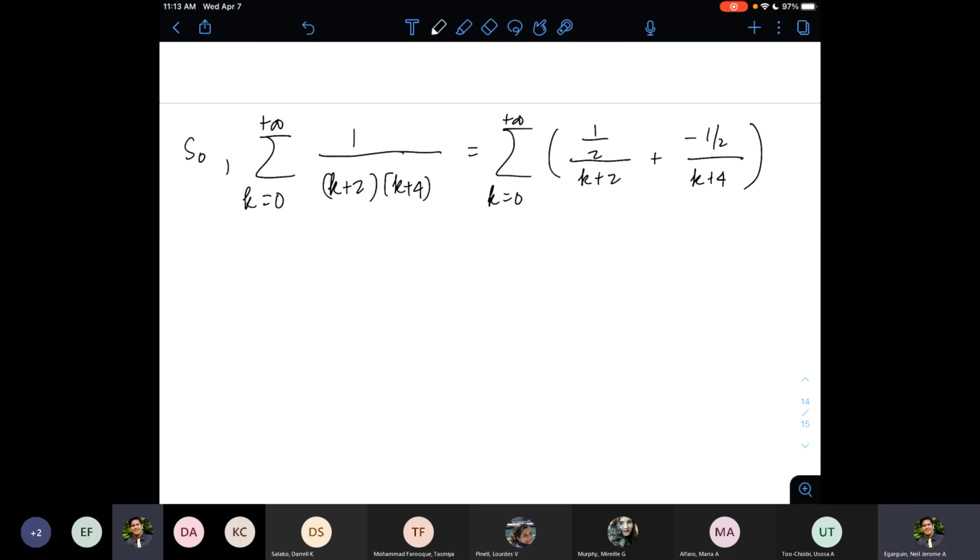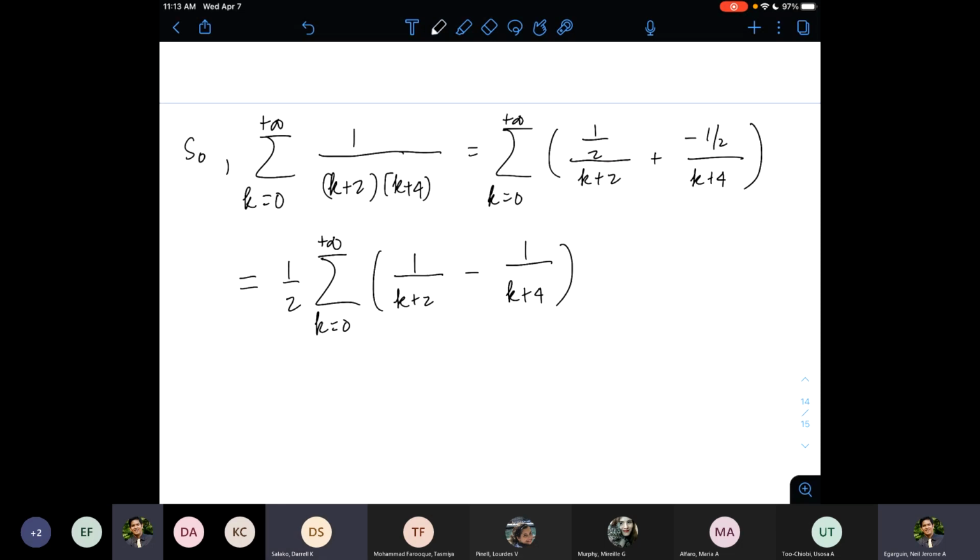All right, is that good? So I hope you are following. Now, what I'll do now is to simplify things a bit. I'll factor out the common 1/2 factor. So this would be 1/2 times the summation from 0 to infinity of 1 over k plus 2 minus 1 over k plus 4, which is basically a telescoping series because you will see when I expand the partial sums, most of the middle terms will cancel each other out.